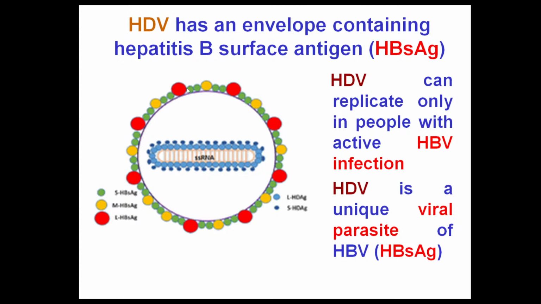So, my dears, these proteins are not encoded in the single-stranded RNA molecule, the genome of the virus. But inside we have two types of hepatitis D antigen: the large hepatitis D antigen, this is the blue one, and the navy blue small hepatitis D viral antigen.